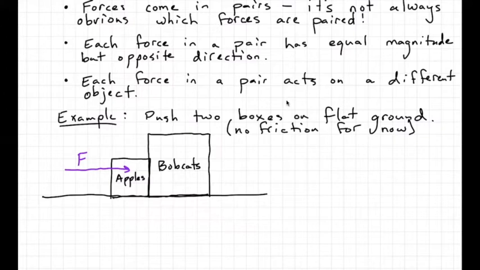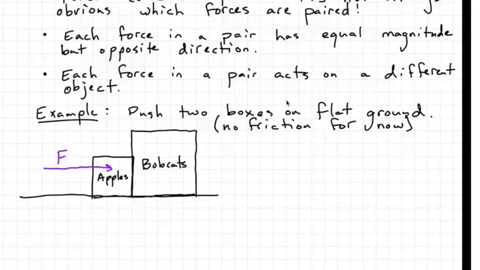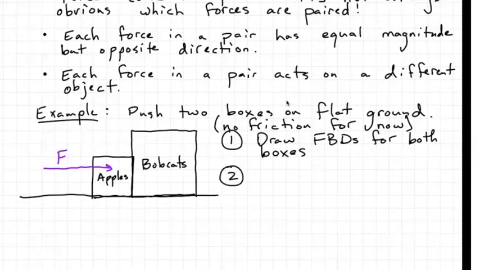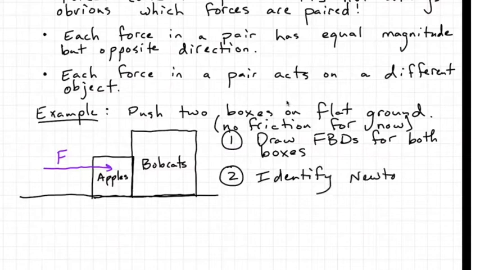So we're going to do 4 things here. The first thing we're going to do is draw free body diagrams for both of the boxes. Then the second thing we're going to do is identify Newton's third law pairs. And then we're going to actually quantify some of this stuff.